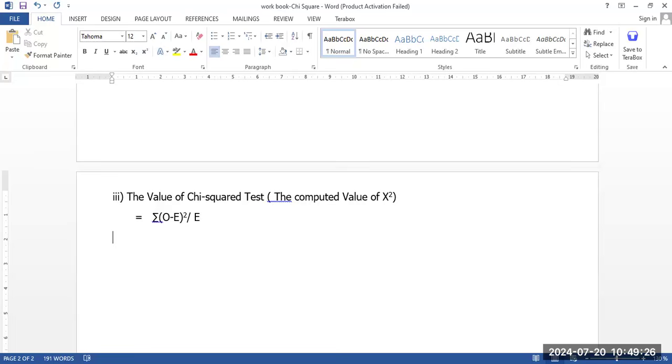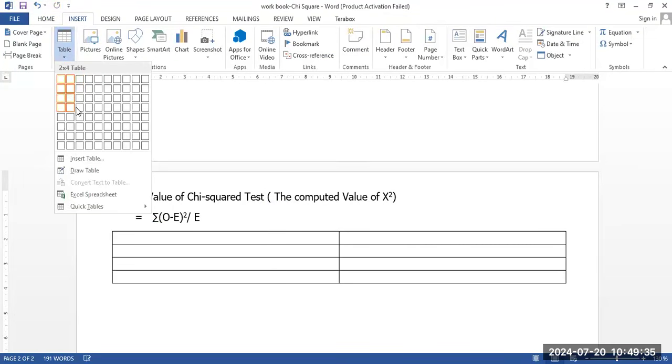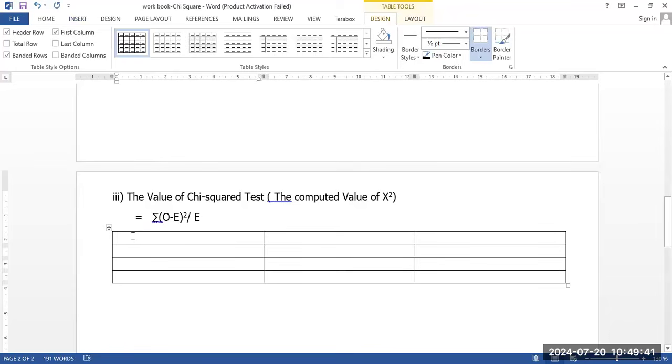So it means that we need to create our data in a column form. I will put here my observed values. Then I will put here my expected values.